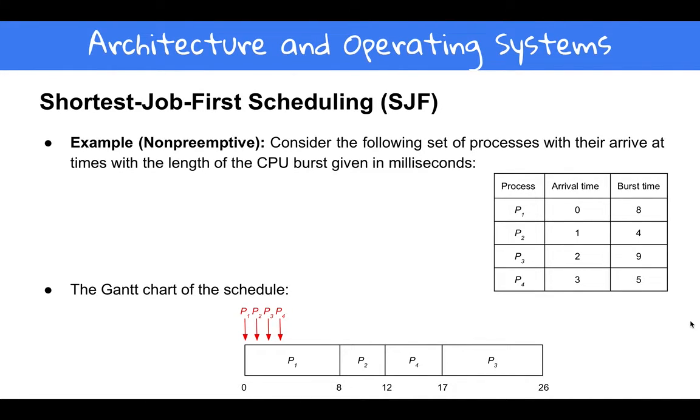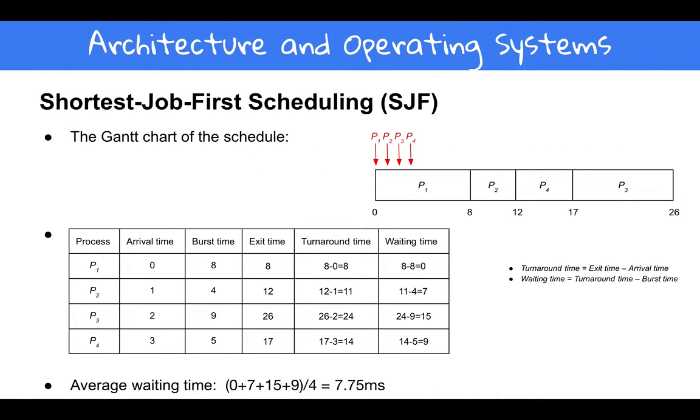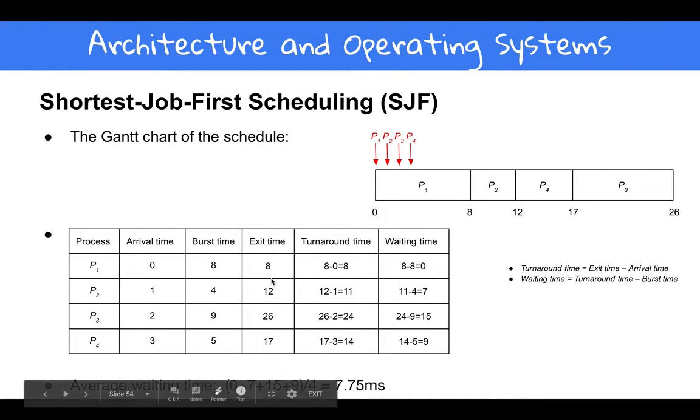So again, the same concept, shortest first, but we've got to look at the ready queue first. How to calculate that? You've got all these values, burst time, exit time.